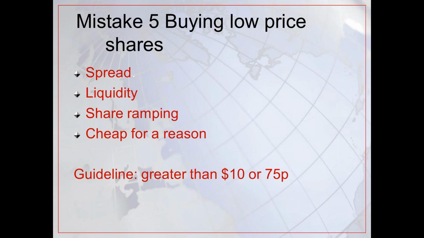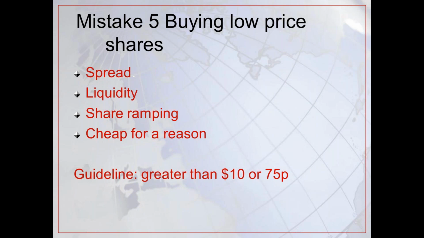I don't know if there's any rational reason for it, but the lower price shares don't have much liquidity. So if you want to buy some on one day and sell them the next week, you'll find there's not many buyers and sellers in the market. So I recommend that with all your investing, you stay with investments that are liquid, which means there's enough buyers and sellers there.